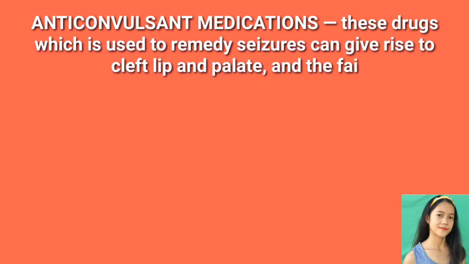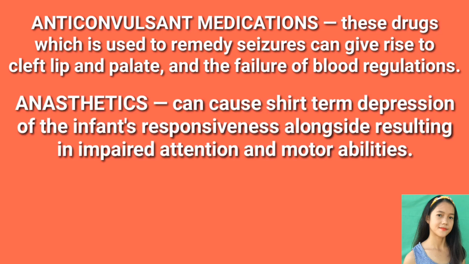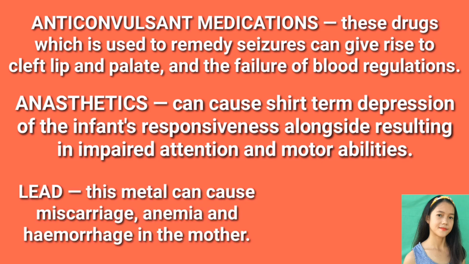These drugs, which are used to remedy seizures, can give rise to cleft lip and palate, and the failure of blood regulation. Anesthetic can cause short-term depression of the infant's responsiveness alongside resulting in impaired attention and motor abilities. Lead. This metal can cause miscarriage, anemia, and hemorrhage in the mother.